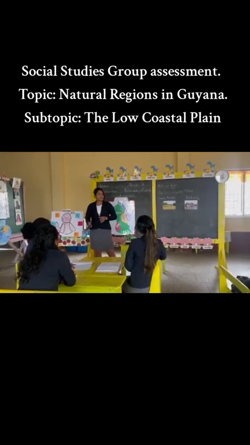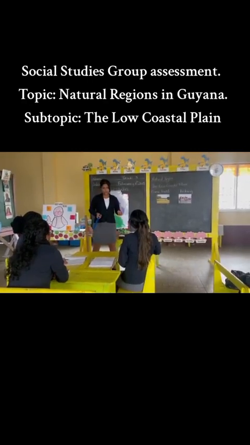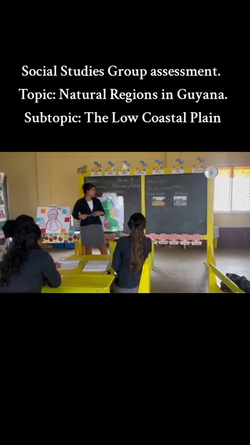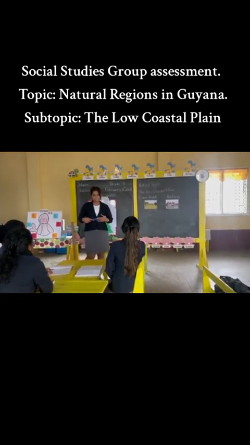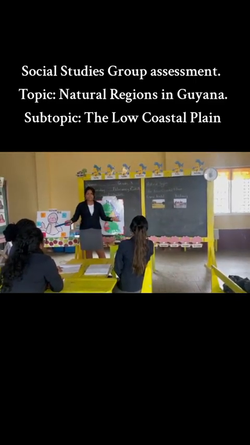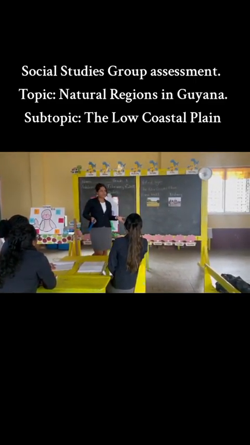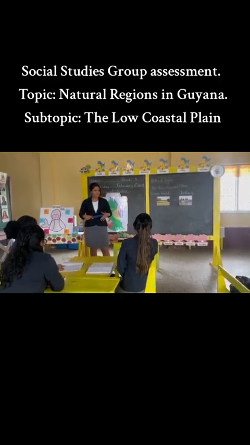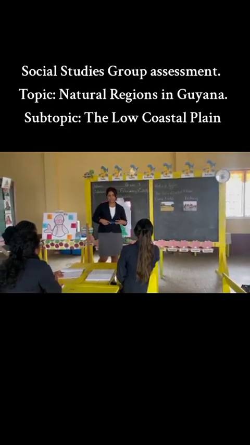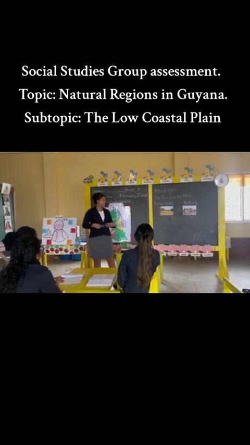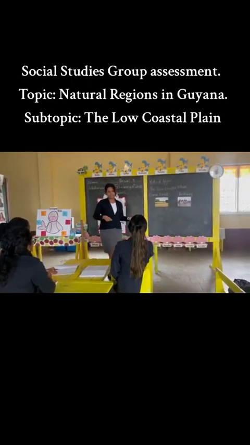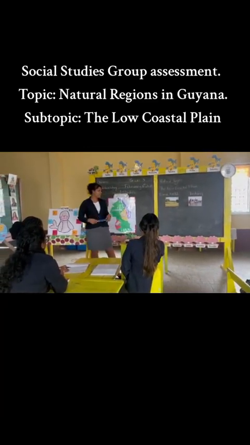Now, on the low coastal plain, a large amount of sugarcane is planted. So, do you know that sugarcane is a major contributor to Guyana's economy? It is the largest because from the cane, what is our end product? We have sugar, and sugar actually sells to other countries, and so it adds to Guyana's economy, right?